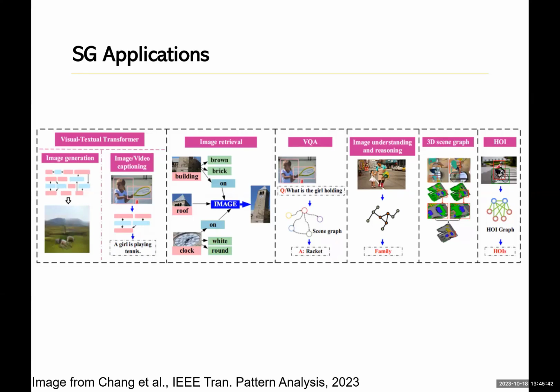Visual question answering, visual reasoning, which also includes activity recognition, where you have, here's a picture of two people in the scene graph, and it includes the family. 3D scene graphs, this deals with when you have something like hierarchical structure, you have different buildings on a street, and different rooms in the building, or different floors in the building, different rooms on the floor.